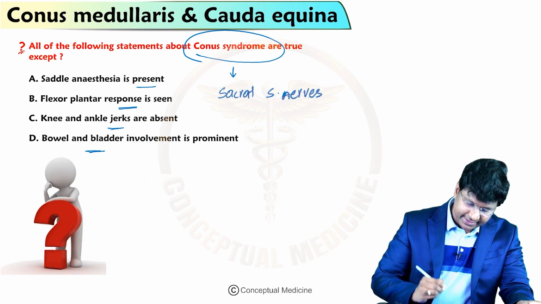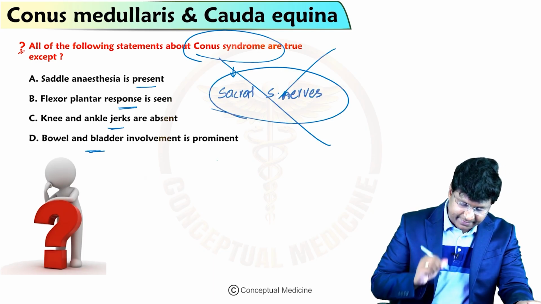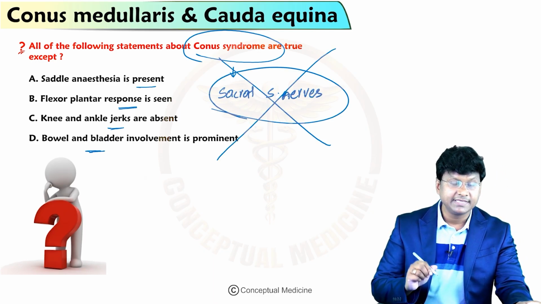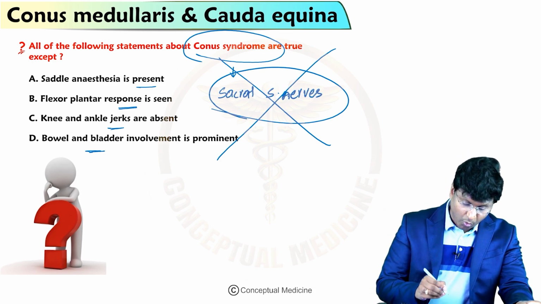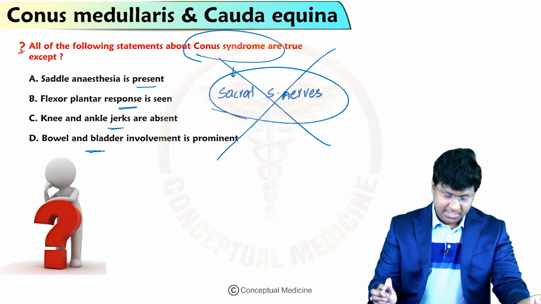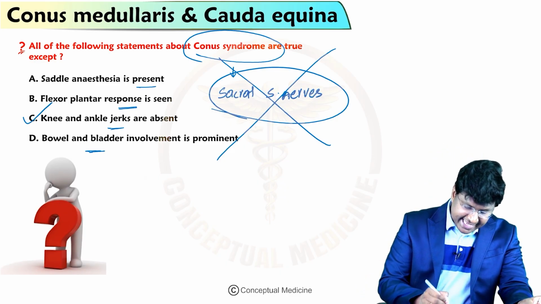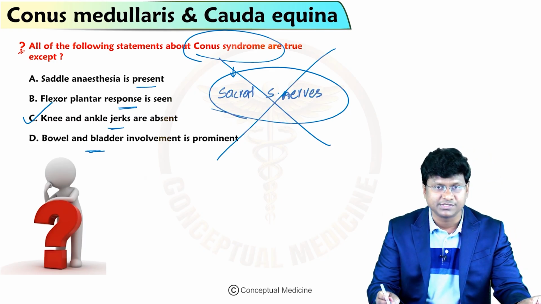If only sacral spinal nerves are damaged, only ankle jerk is lost.